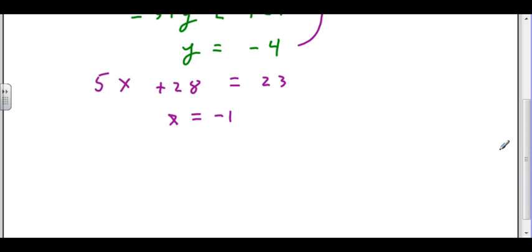Oh, 42. I need to solve the system of equations by substitution and check. Okay, so I'm going to do 42.